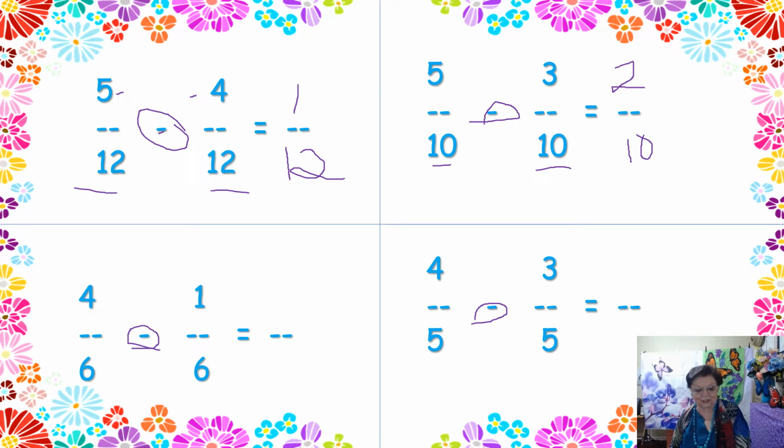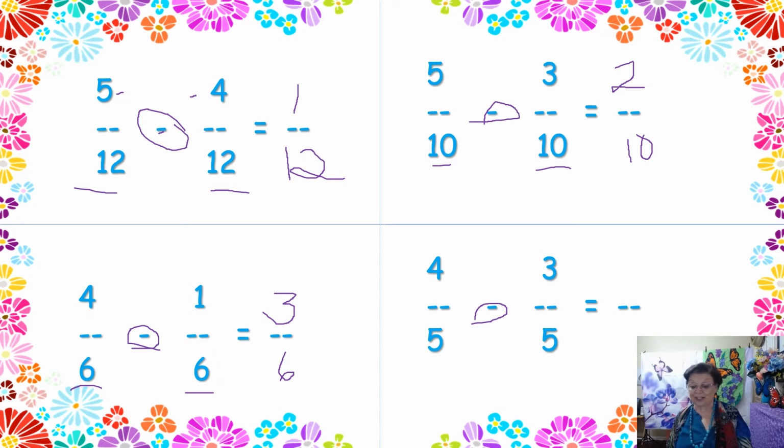Okay, now let's see if you can do this one before I do it. I have some like denominators, so what's going to be my denominator? And this is subtraction, so I'm going to subtract the numerators. What is going to be the numerator? Exactly. 4/6 minus 1/6 is 3/6.